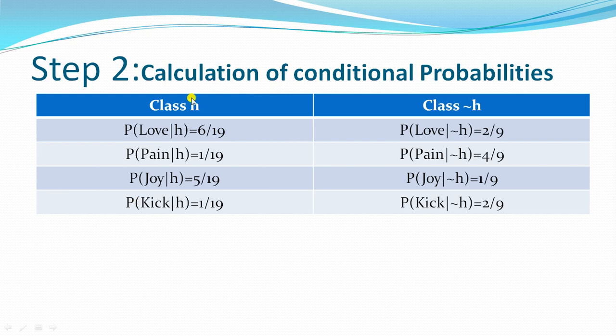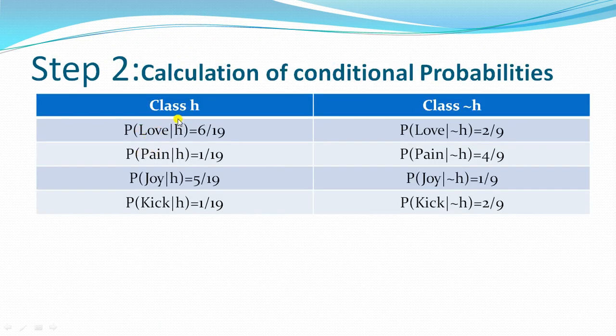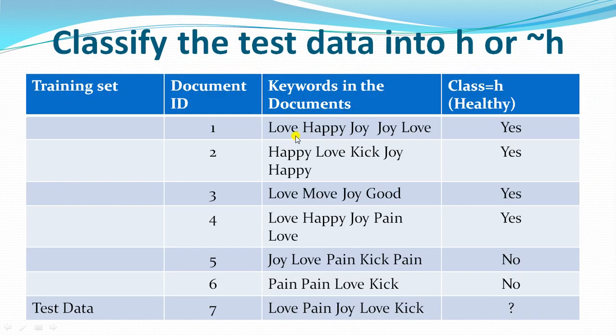For example, let's take class H. Let's go back to the problem statement. Four rows are there. Let's take one example, love. P of love given H is the probability of love in class H. Let's see how many love terms there are: 1, 2, 3, 4, 5, 6. In class H, I have 6 occurrences of love.